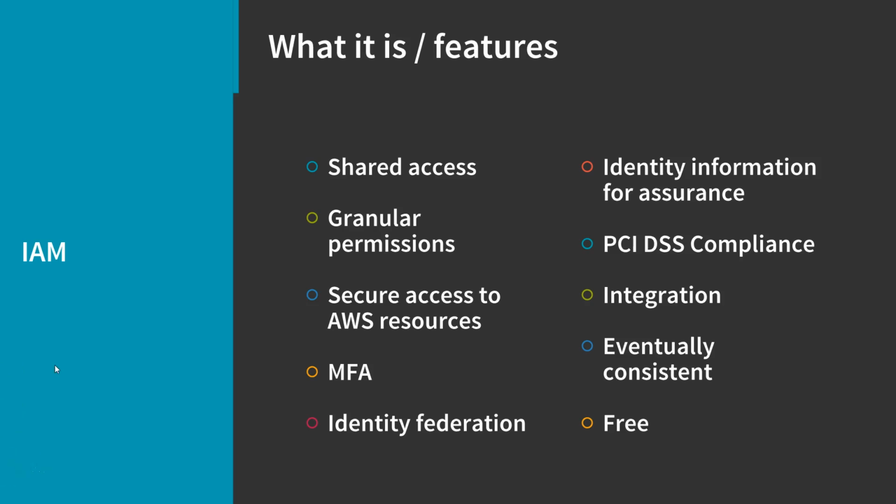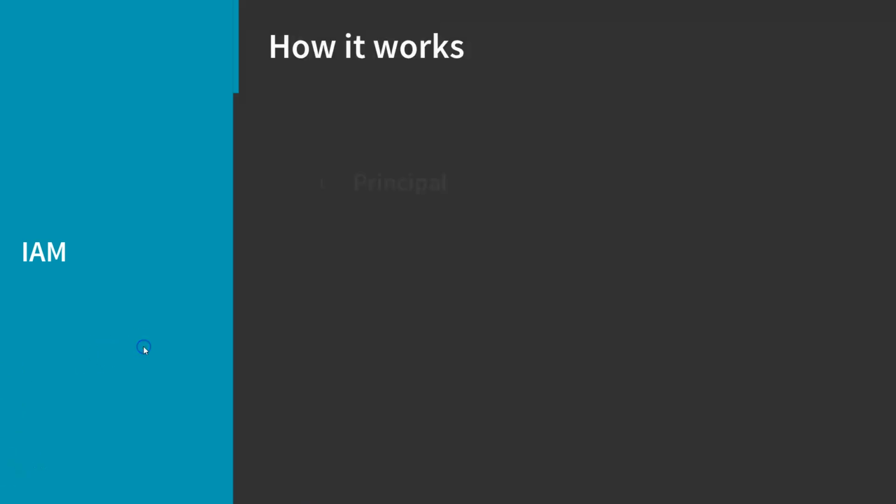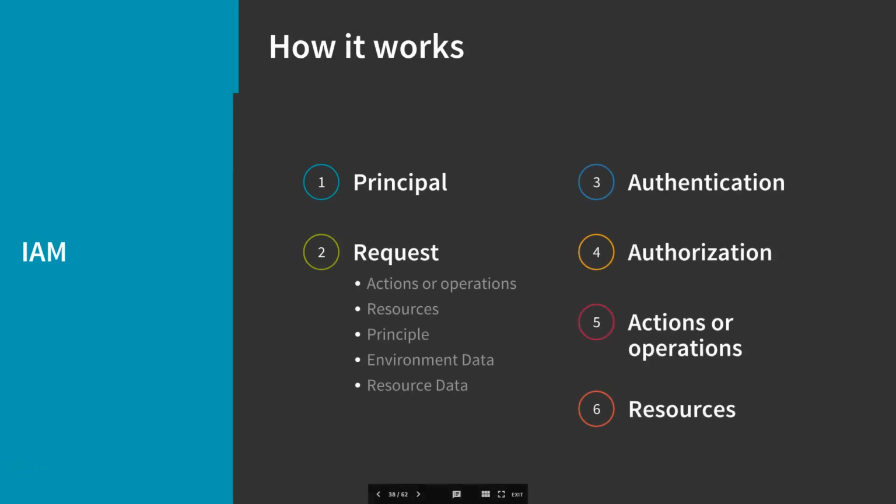Now, before we go on to create our first user, we should understand a little bit about how IAM works. IAM provides the infrastructure necessary to control authentication and authorization for your account, and it includes the following elements. The first element is the principal, which is an entity that can make a request for an action or operation on an AWS resource.